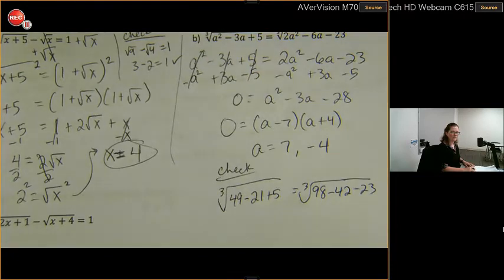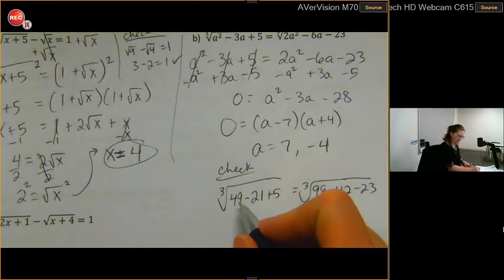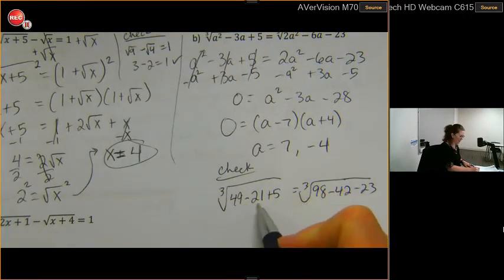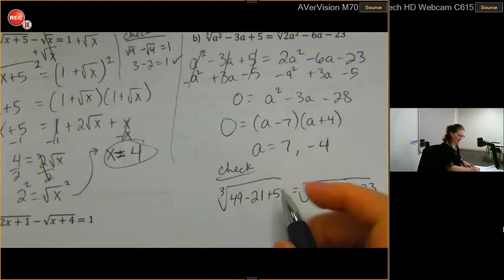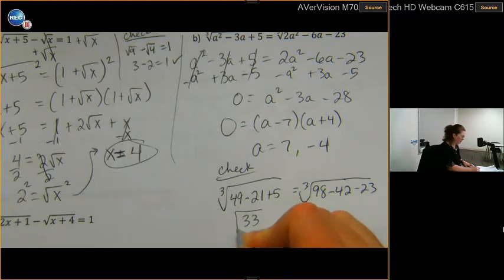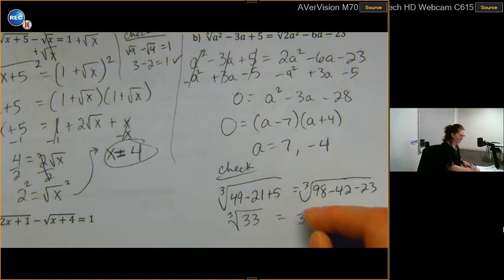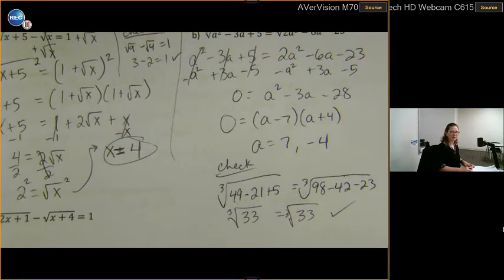And then solving it out further, 49 minus 21 plus 5, that's 33. 98 minus 42 minus 23 is also 33. So since it's equal, I know the 7 works.